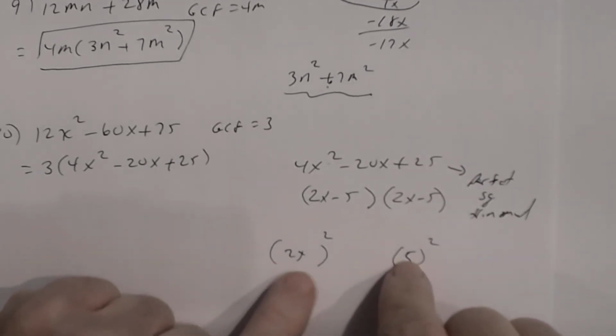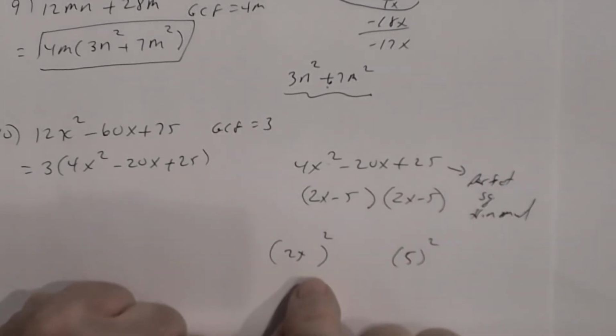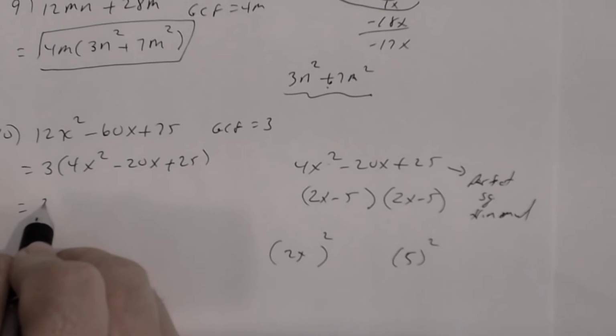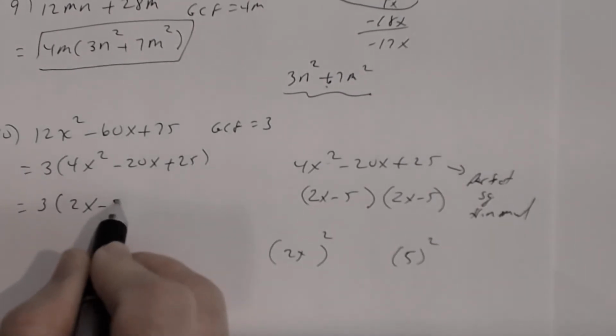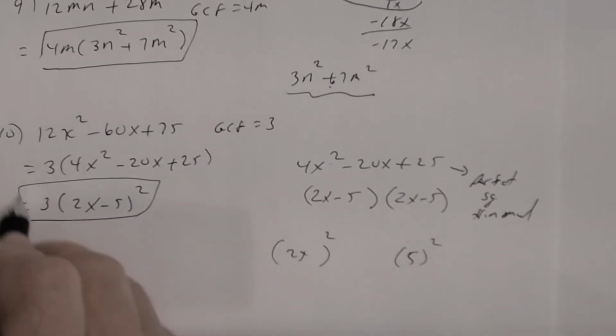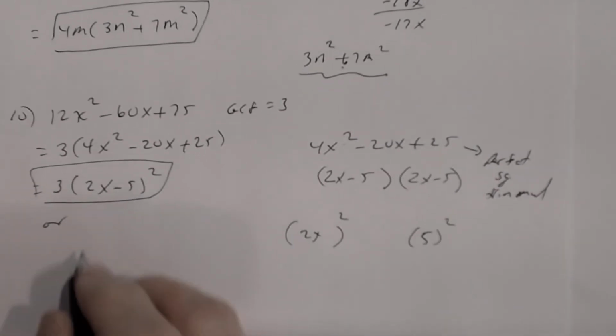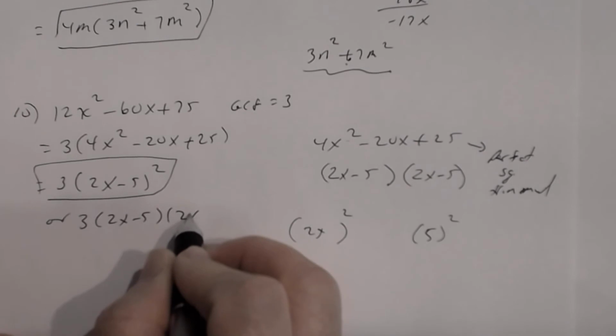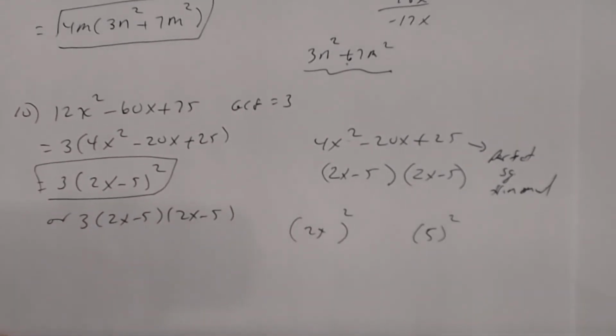And if you multiply what's inside those parentheses together and double it, you get the middle term. Therefore the answer is 3 times 2x minus 5 squared. Or you can write it as 3 times 2x minus 5 times 2x minus 5. It does not matter. So that's number 10.